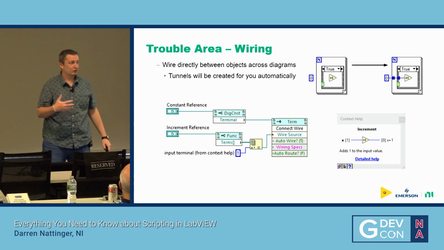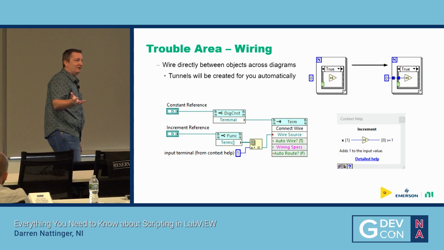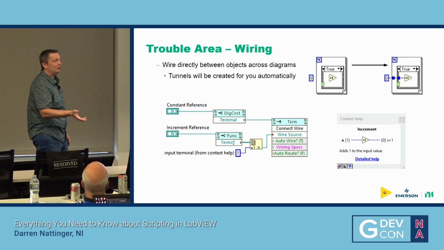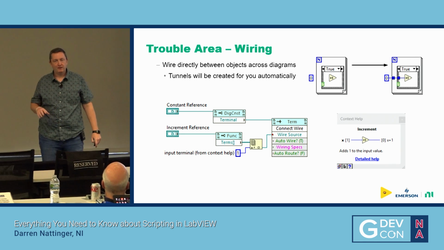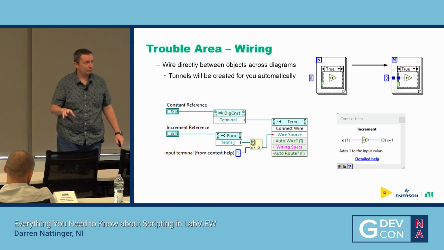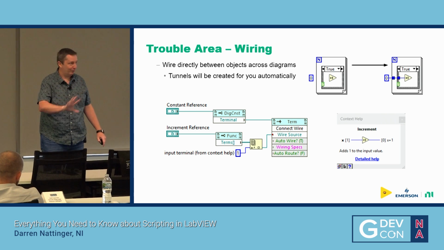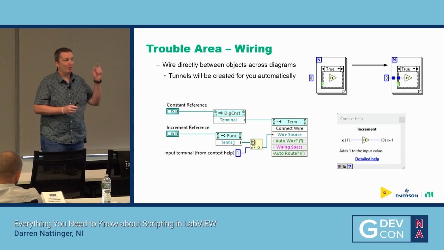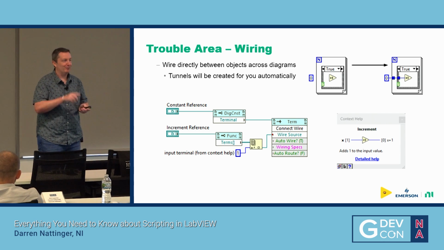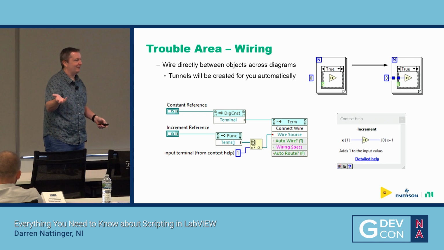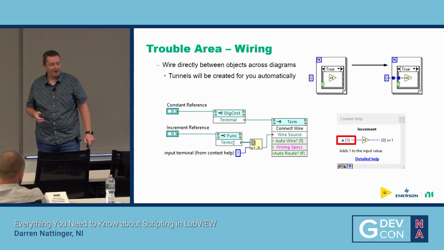So in this case, terminal 0 is actually the output of the function, and terminal 1 is the input. That's how I knew to use a 1 to wire to that. So whenever I work with scripting, whenever I work with wiring, I've always got the context help window open, and I'm always dropping dummy functions on my block diagram and hovering over them to see what their terminal indexes are.